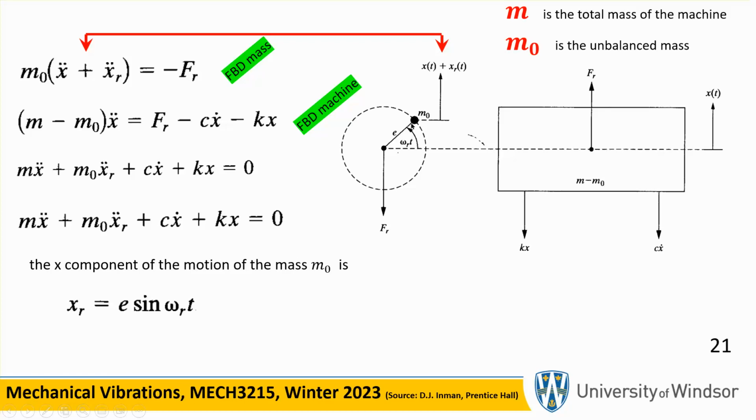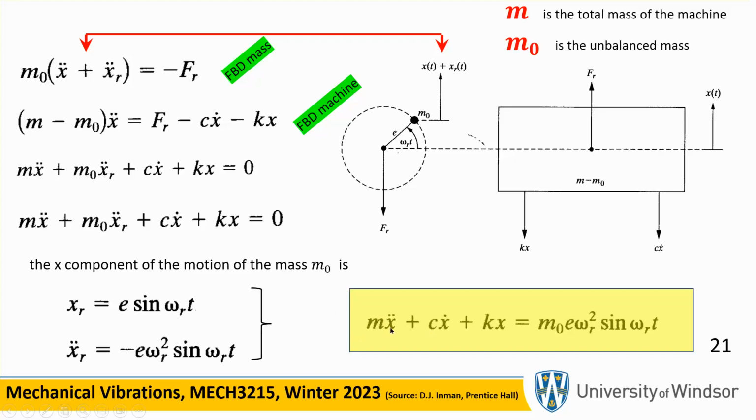This is the XR that we want, and this angle is omega t. So XR is E sine of omega t, and I need the second derivative of it. Differentiate it twice, plug it in, and you get the mother of all equations.